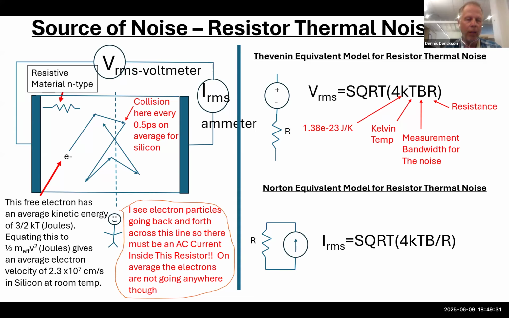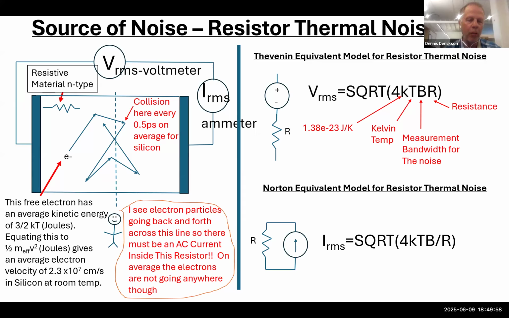But if you look at this dashed line right here, and if I'm a little tiny person the size of the resistor at the molecular level, I will look at this resistor and say, if I count the crossings of this electron back and forth across that dashed line, I swear that looks like an AC current. AC current means that the current is going to the left for a while, to the right for a while, back and forth.